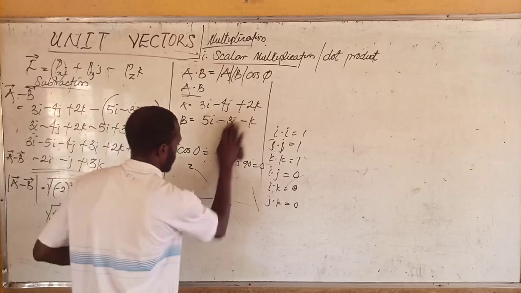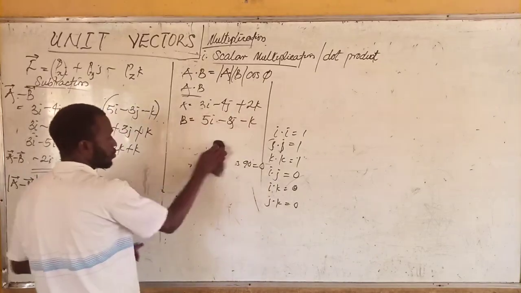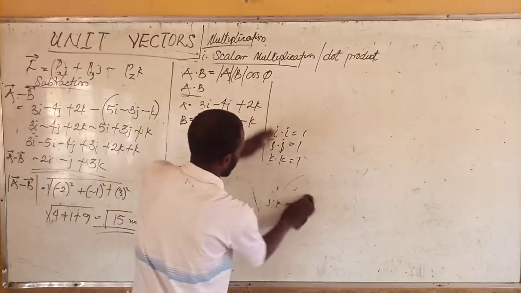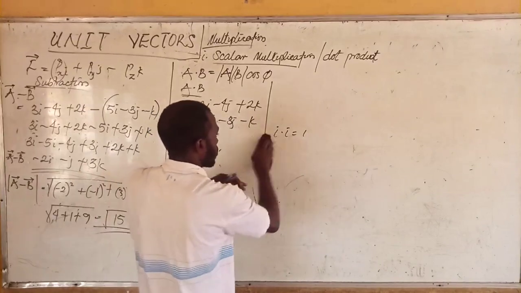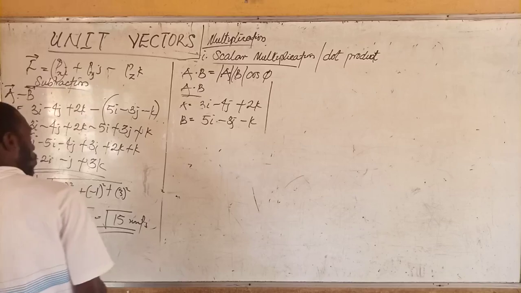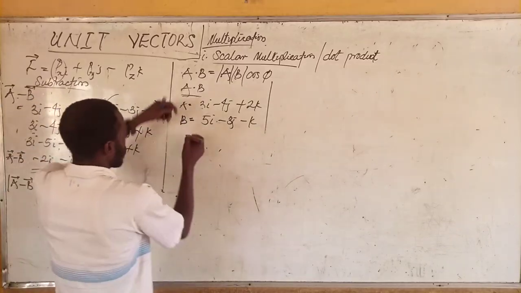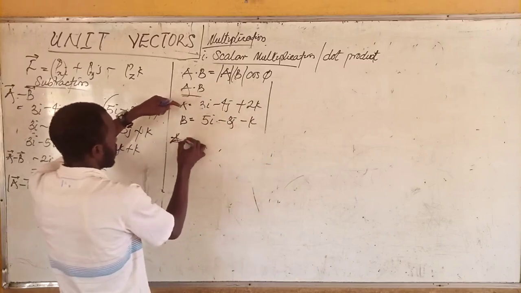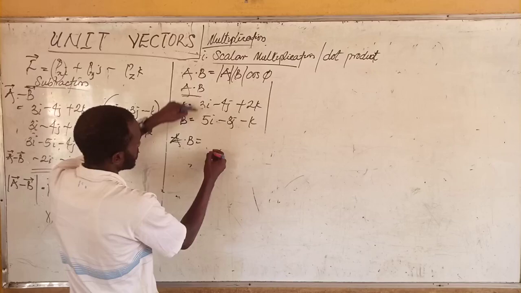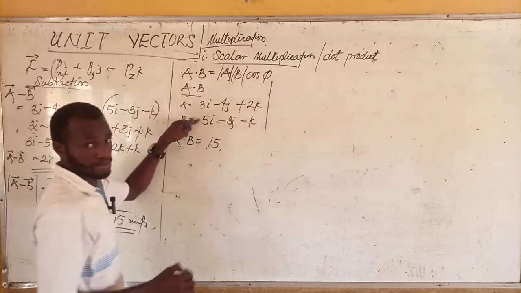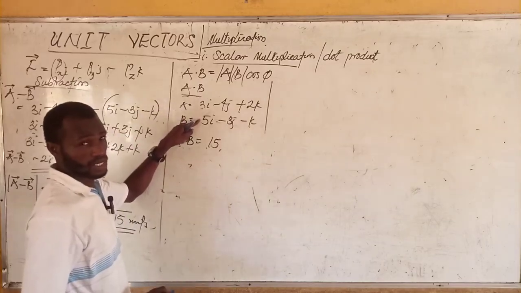I just proved to you why, so this is the principle: i dot i gives 1. Because it gives 1, we necessarily just say this times this. So A dot B will now become 3 times 5, which gives 15.